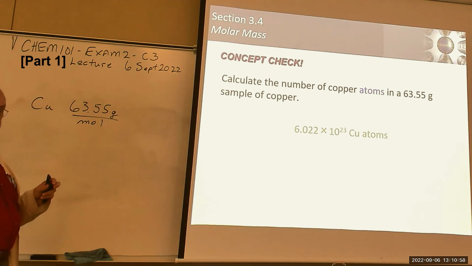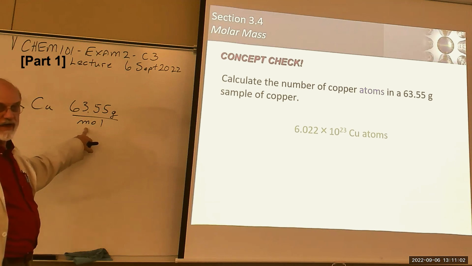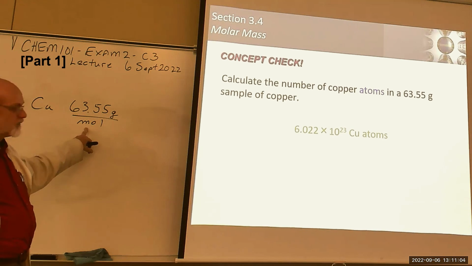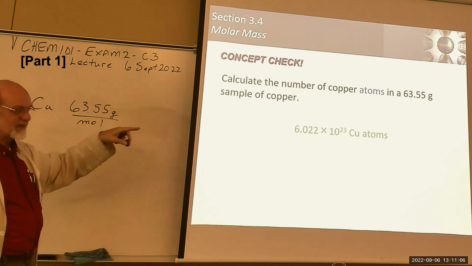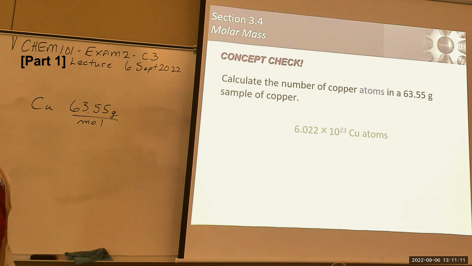Right off the periodic table. And 1 mole is 6.022 times 10 to the 23rd atoms. So if you have that mass, you've got that many atoms. It's sort of a trick question, because if you overthink it, then it'll twist your head around.